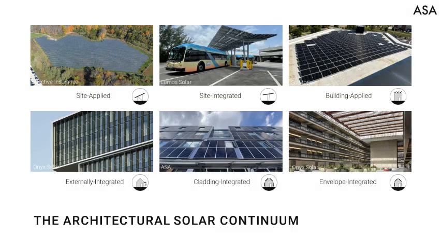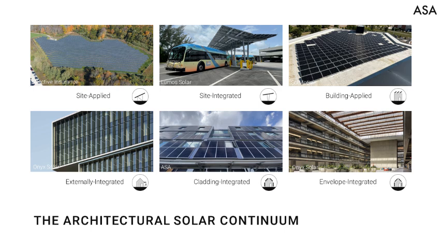To recap, the continuum starts with site applied PV, then on to site integrated, which gives PV a purpose beyond energy production on a site. We then move on to building applied, which requires a minimal amount of architectural coordination, but still an amount that should not be overlooked.